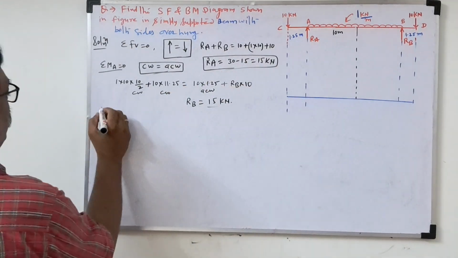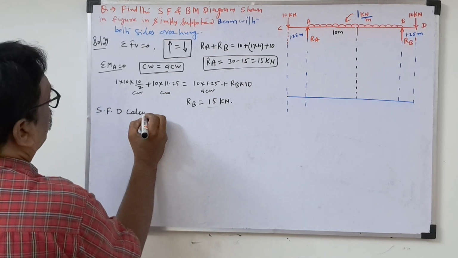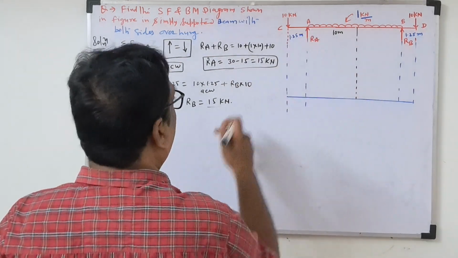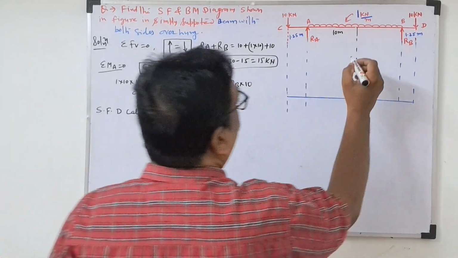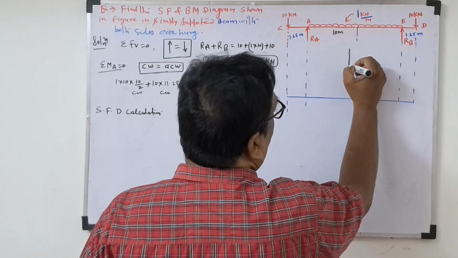and we'll find the shear force calculation and substitute these values. So shear force diagram calculation. Before this, I am writing the sign conventions here itself. This is the section.